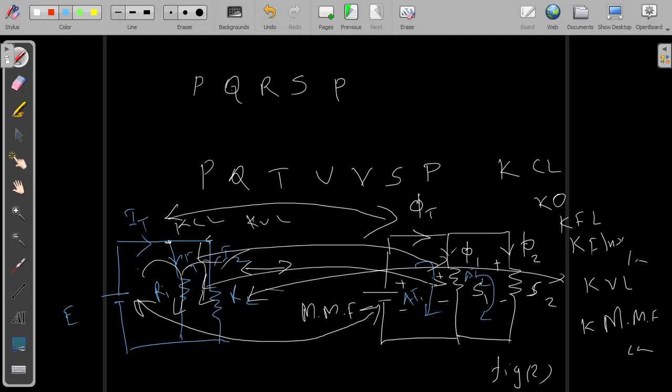So I'm applying Kirchhoff's magnetomotive force law for loop 1.